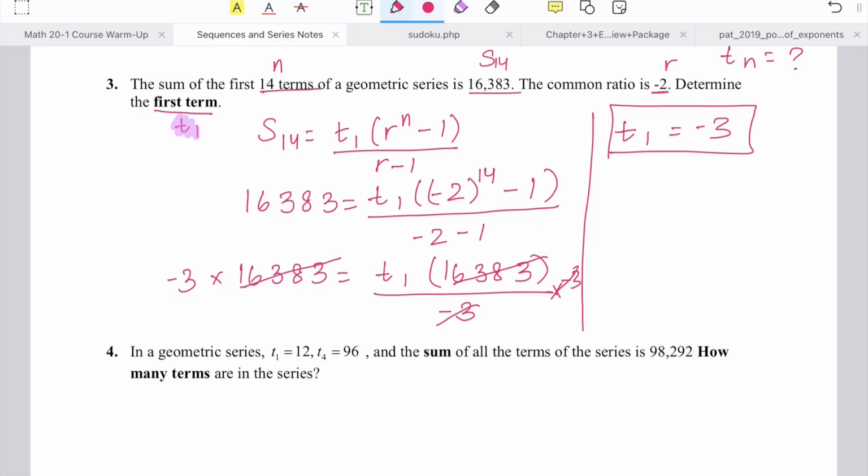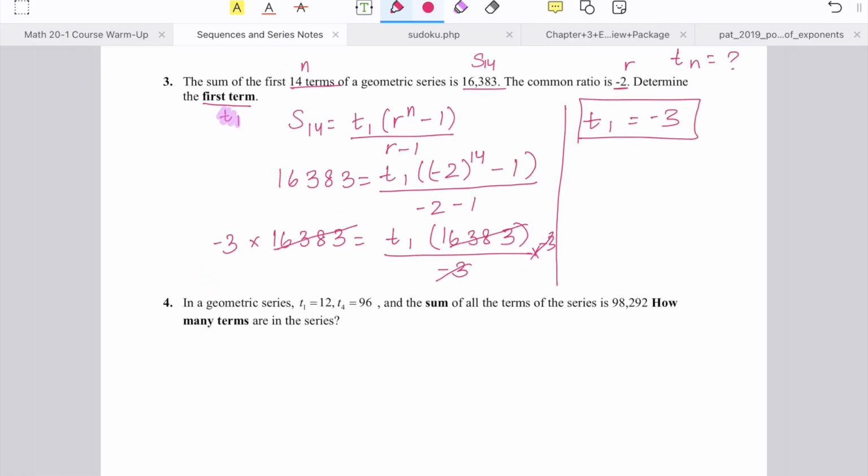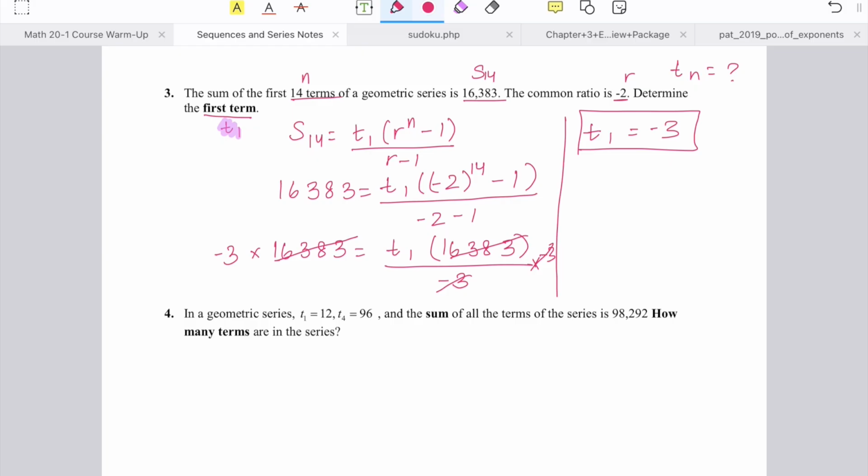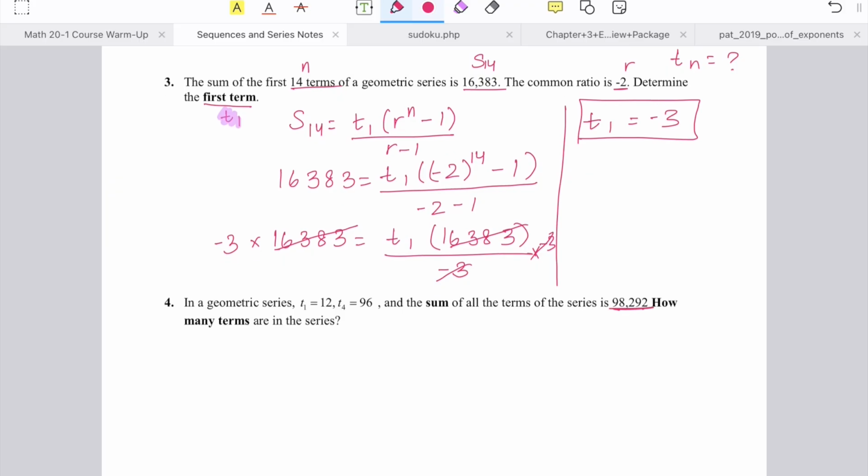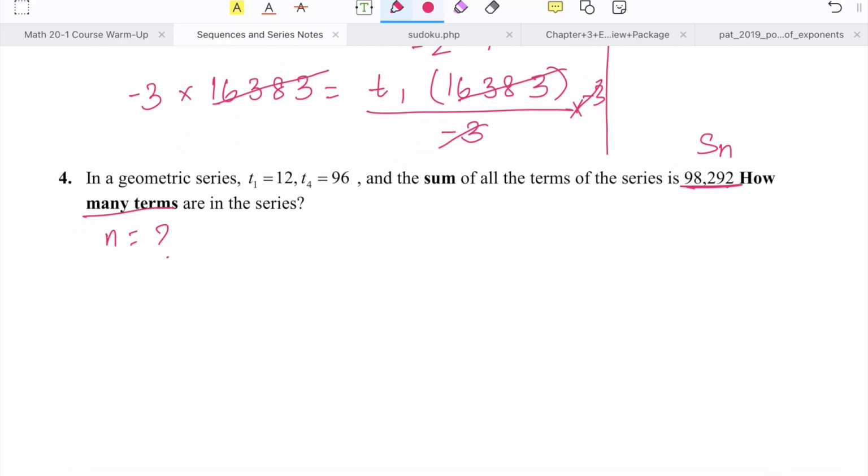Okay, next question. This one is the challenge question, right? So you're given T1 and you're given T4. The sum is given to you of all the terms, but you don't know what all the terms are. How many terms are there? N is unknown. So we also don't know our common ratio.